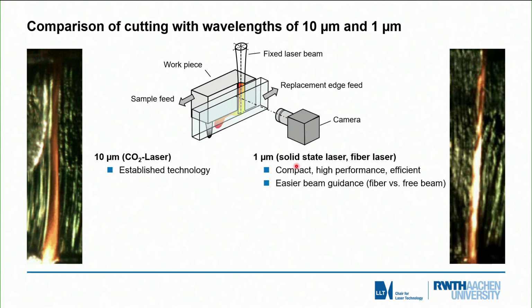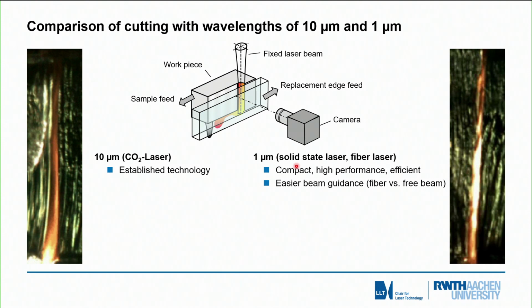However, as you may remember or know, the 1 micron radiation can be focused at a comparable beam quality a factor of 10 better to the order of the wavelengths. So in principle, at comparable power, we will have a 10-fold smaller cutting curve using 1 micron lasers compared to CO2 lasers. And that results in, theoretically, at the limit, a 10 times higher cutting speed.